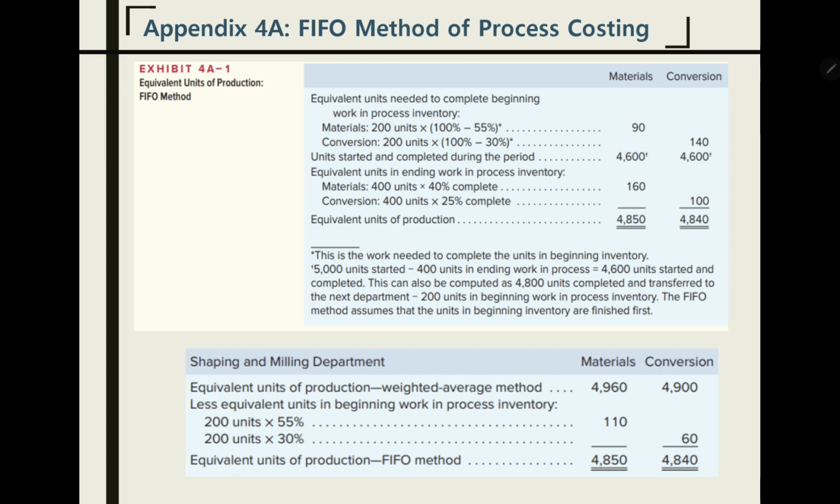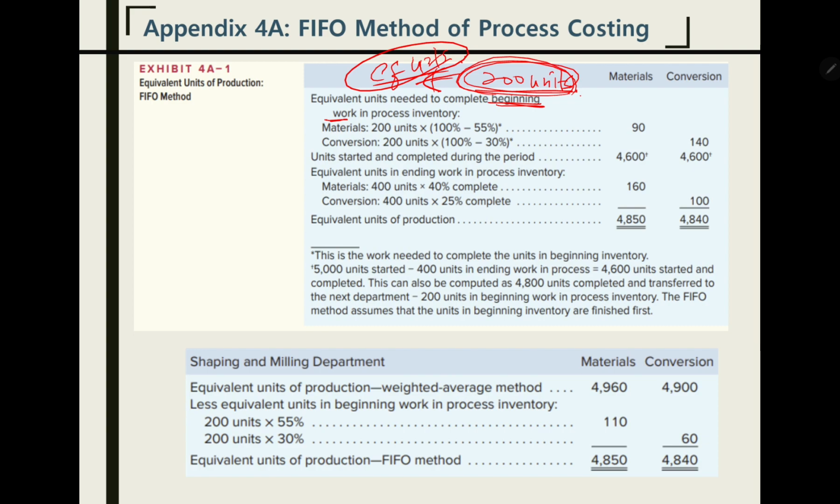All right, so beginning inventory, it was 200 units. And remember that this 200 units is not equivalent units. It is different from equivalent units, right? Because these 200 units are incomplete. They are not completed, okay? So we have to convert these 200 units into equivalent units using the completion percentage.